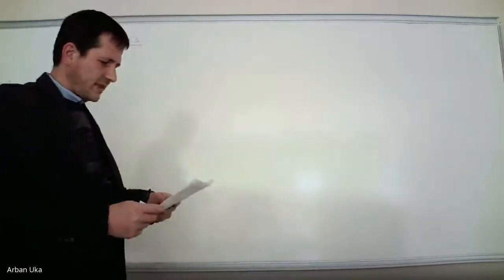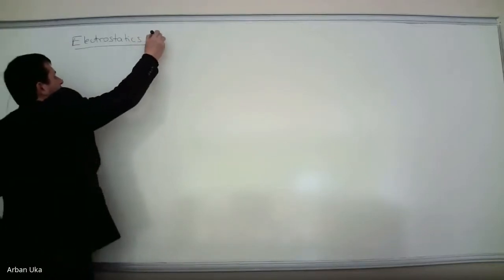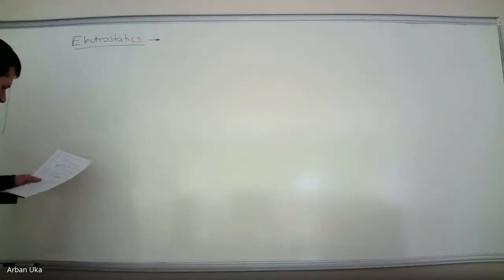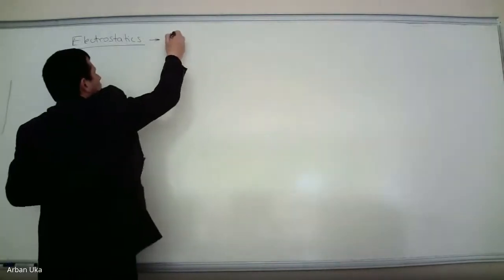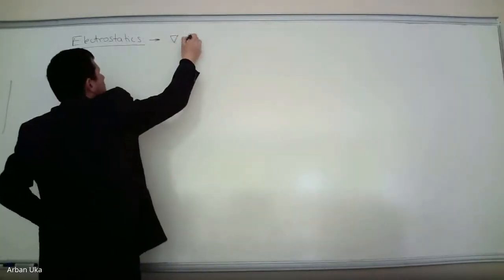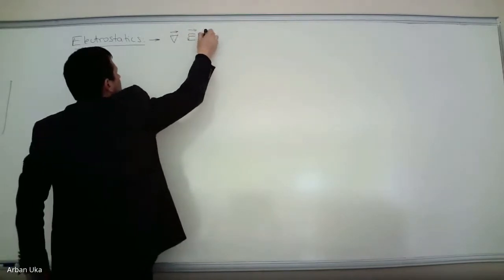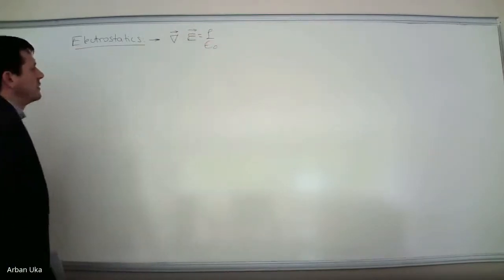Okay, so we'll continue with electrostatics. From last time, we saw that we used two postulates. The first postulate was that the divergence of the electric field is equal to rho divided by epsilon 0.